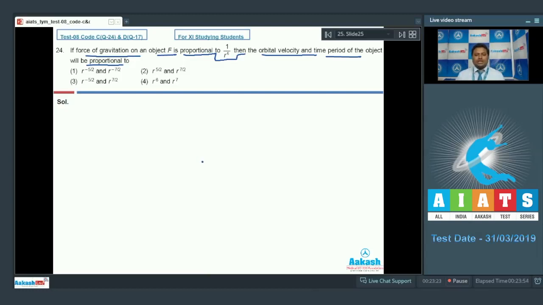Now we know very well, in case of orbiting of satellite, the centripetal force will be provided by the gravitational force F. So the gravitational force F that will provide the necessary centripetal force Fc is proportional to what? 1 by r to the power 6.